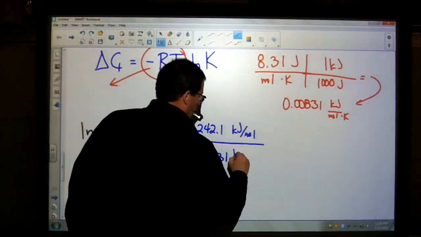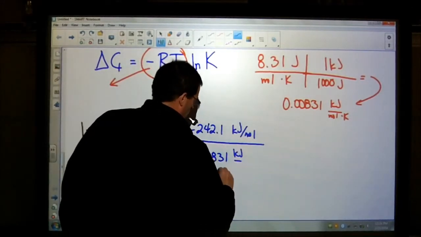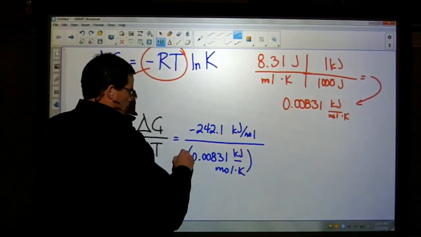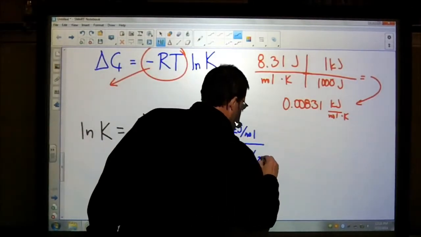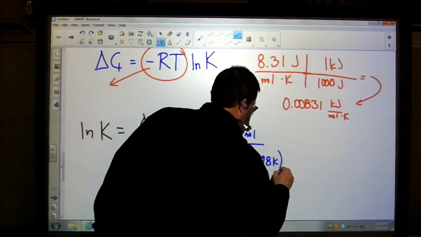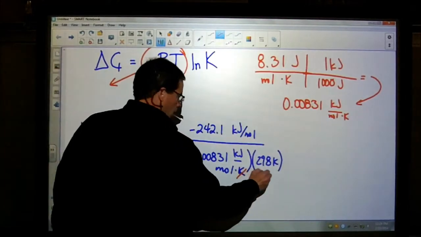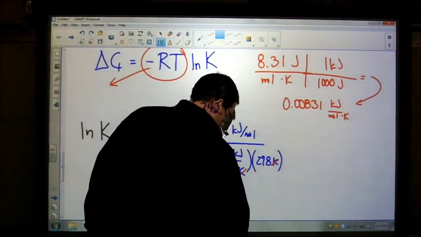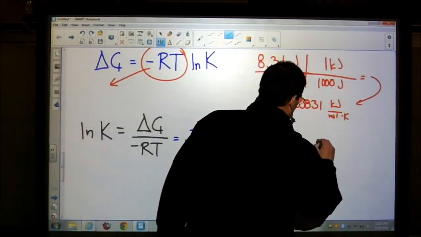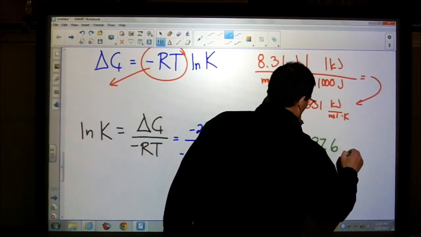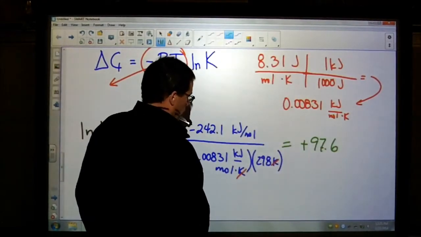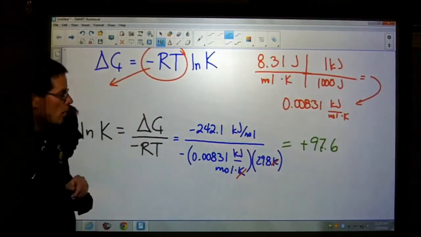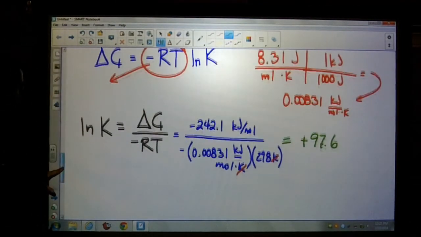And again, that's in kilojoules per mole Kelvin. And the temperature is at 298. So again, the Kelvins cancel out, and we get an answer, positive 97.6. And really, the units cancel out. All the units are gone. So this is the value that we have. Positive 97.6, somewhere in that ballpark.